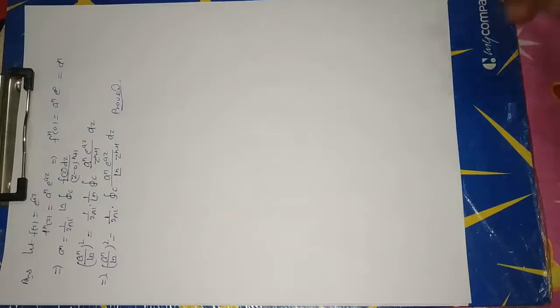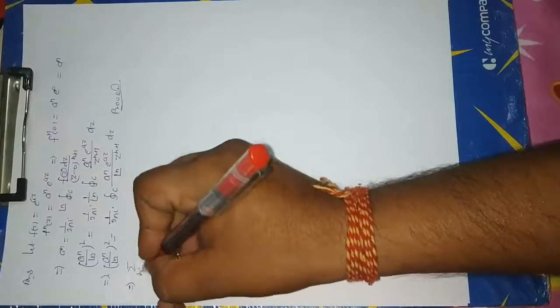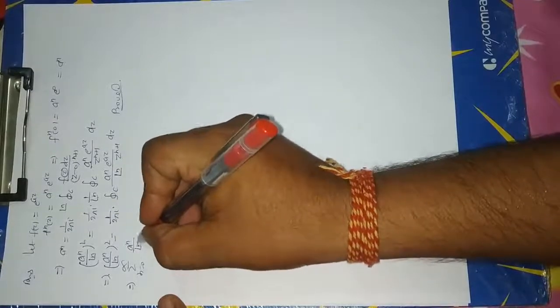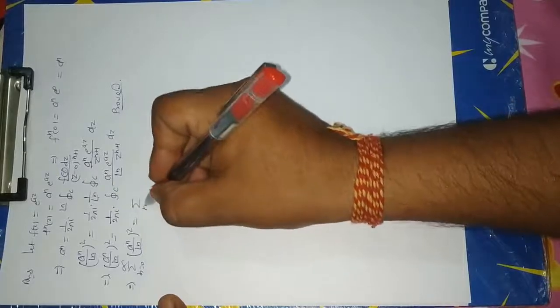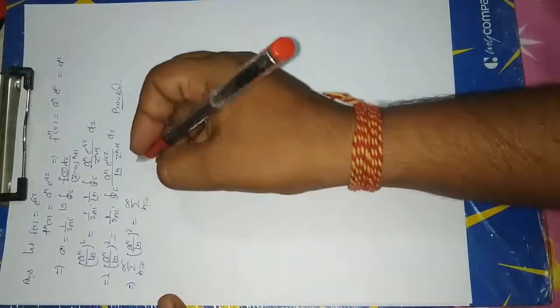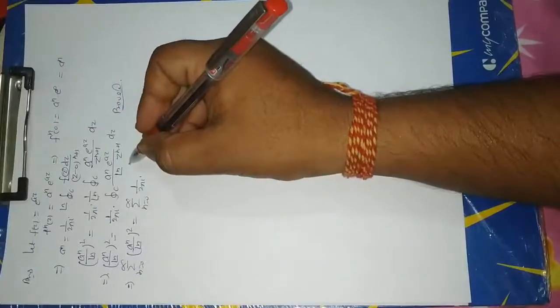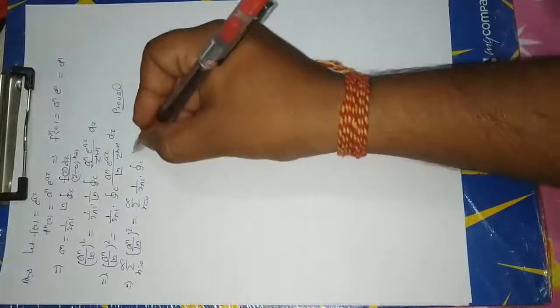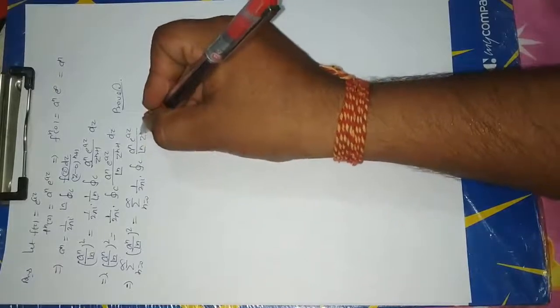Now second part, taking the summation both sides, that is summation n = 0 to infinity a^n/(n!)². This is equal to summation n = 0 to infinity 1/(2πi) integration over contour C a^n e^(az)/(n! z^(n+1)) dz.